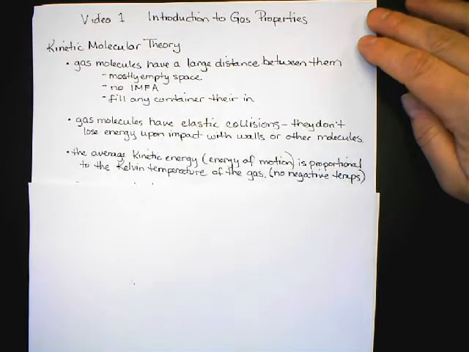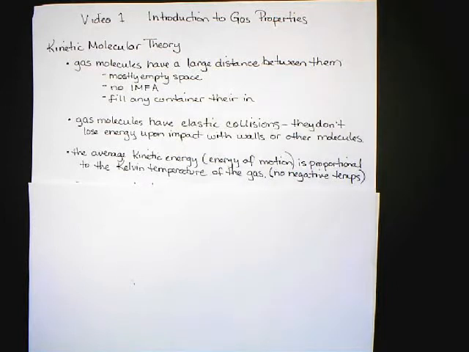Third idea is basically about temperature. And we found that the average kinetic energy, the energy of motion, is what temperature is. And for gases, the average kinetic energy, the temperature, is actually proportional to the motion of just the Kelvin scale. And the reason for that is Kelvin scales don't have negative temperatures.